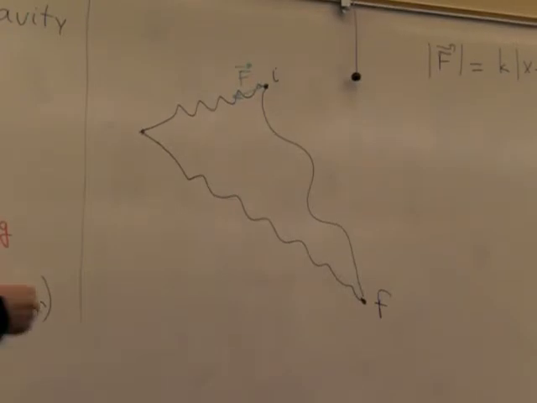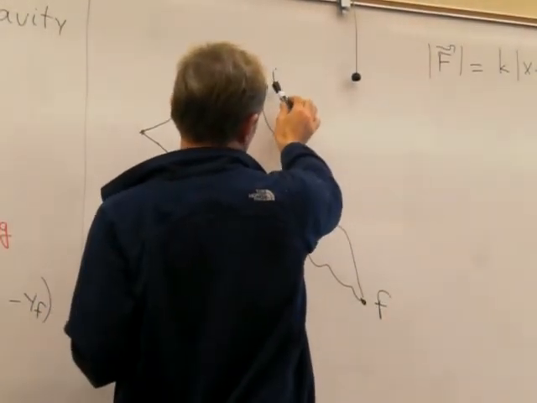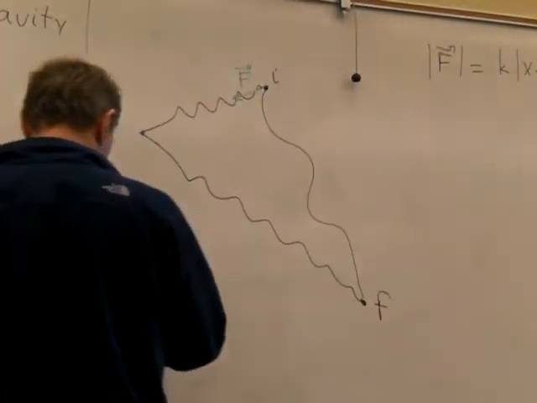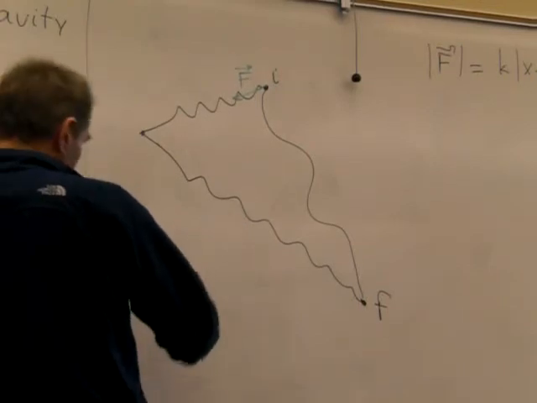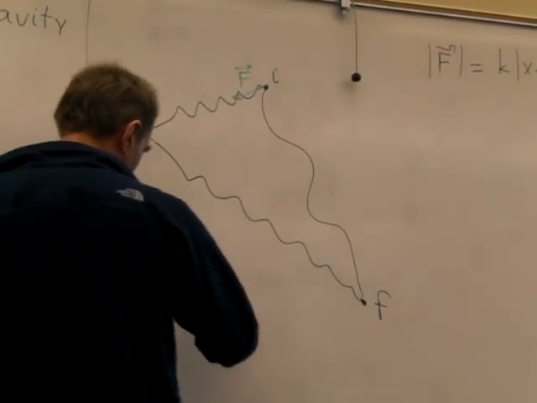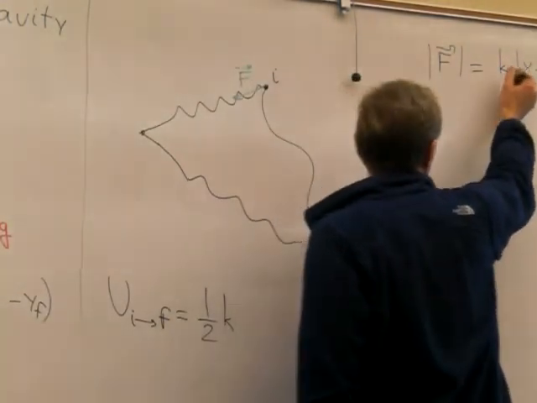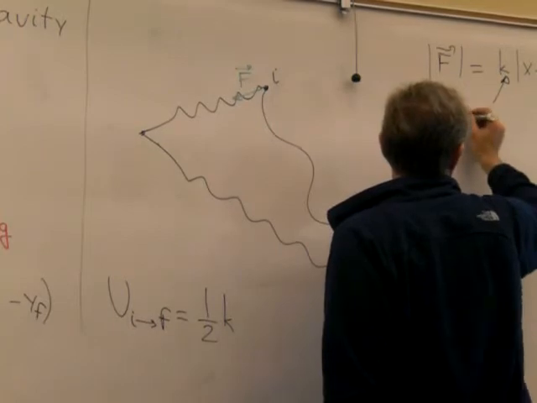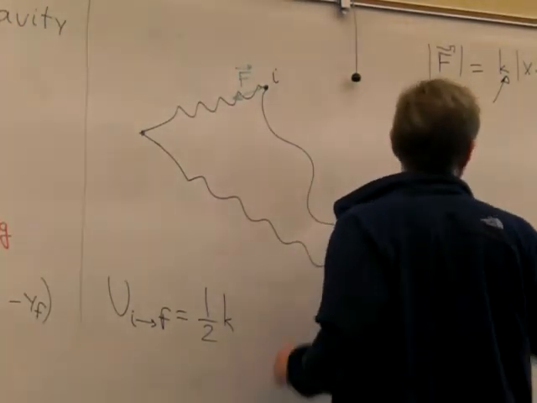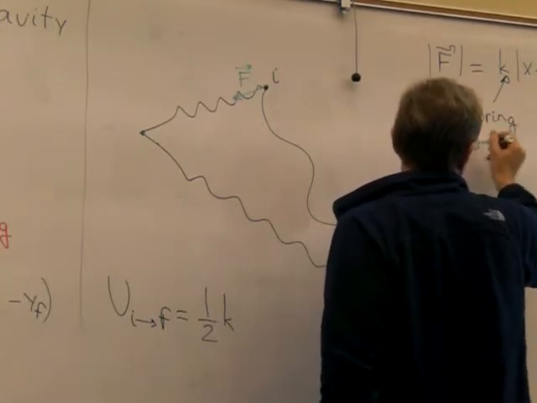So to find the work done by F when we go from an initial position to a final position, it's also quite easy. That's what you said, Josh. So it's going to be 1/2 k. K is called the spring constant. Sometimes this is called Hooke's law, but this is called the spring constant.